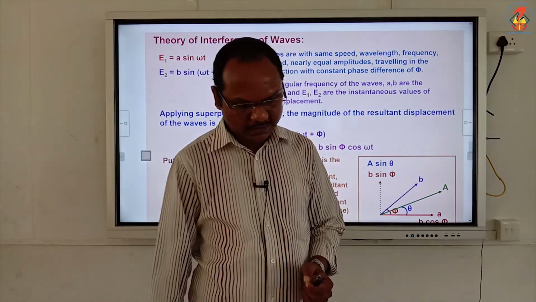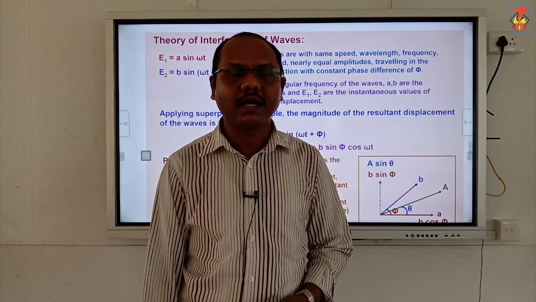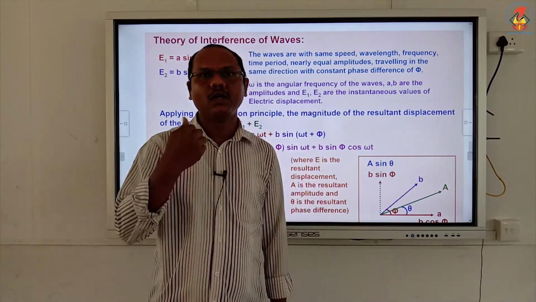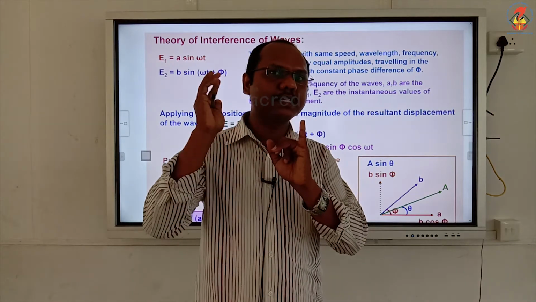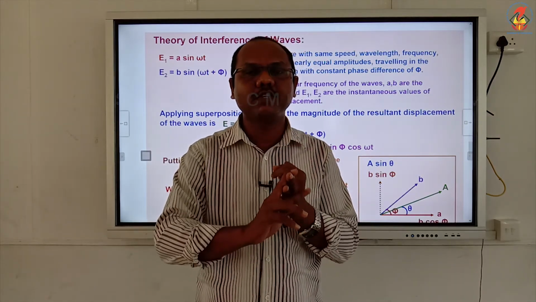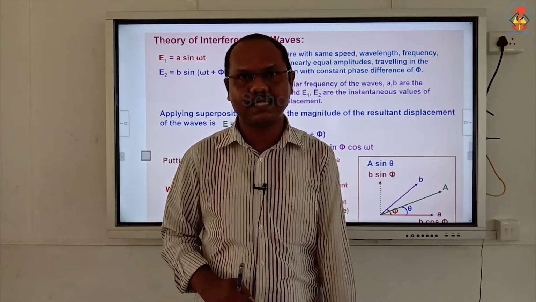Hence, write the conditions for constructive and destructive interference. Now listen here. We are going to prove the expression for the resultant intensity and derive the conditions for constructive and destructive interference.